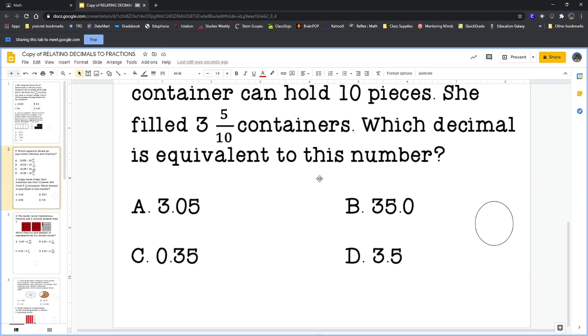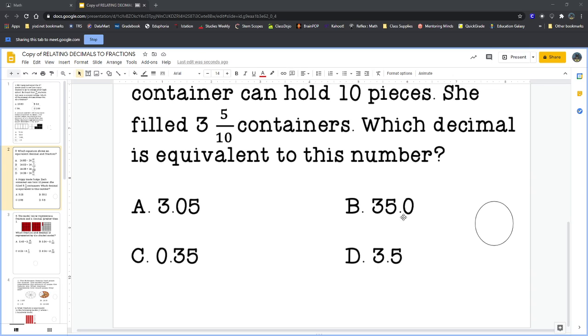Who can tell me what answer choices can I get rid of because they're using the wrong place values? What answer choices are not just using the 10th place? Violet, you see some? D and B. Okay, so D has a decimal and a 10th place, so D is actually okay.